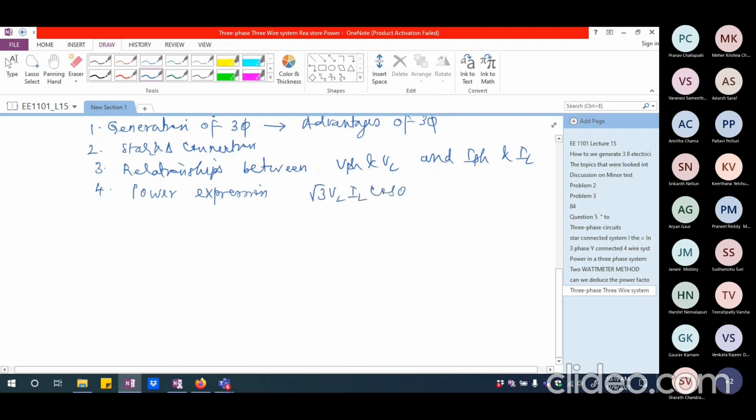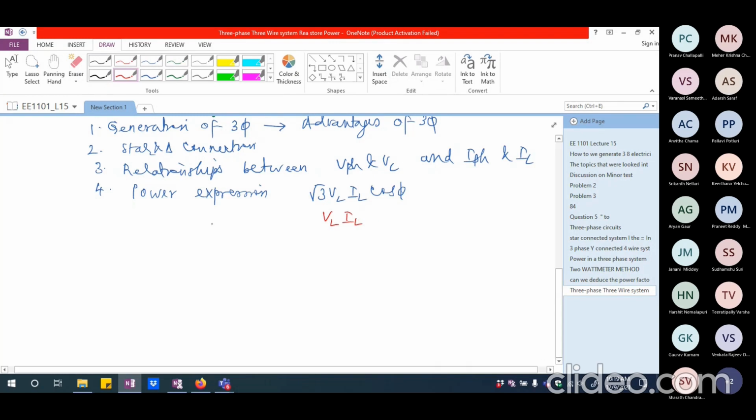I would like to emphasize that any three-phase equipment will always mention what is VL and what is IL. It will never mention the phase values. It will always mention only the line values, RMS values.